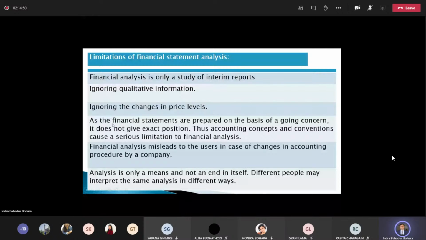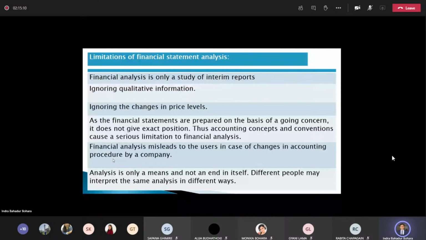Therefore, financial statement analysis depends upon the knowledge and skill of the analyst. So the result from financial statement analysis can be different from one person to another.